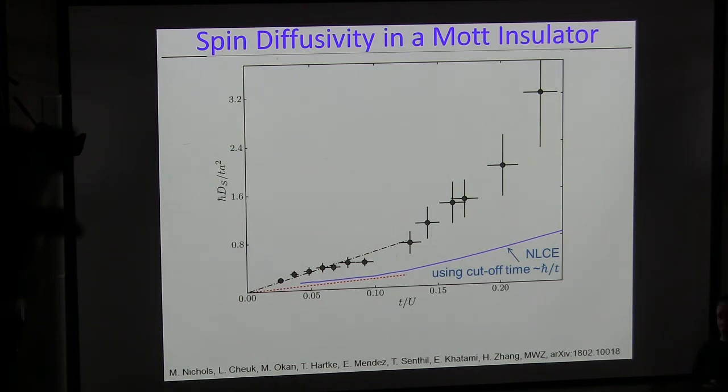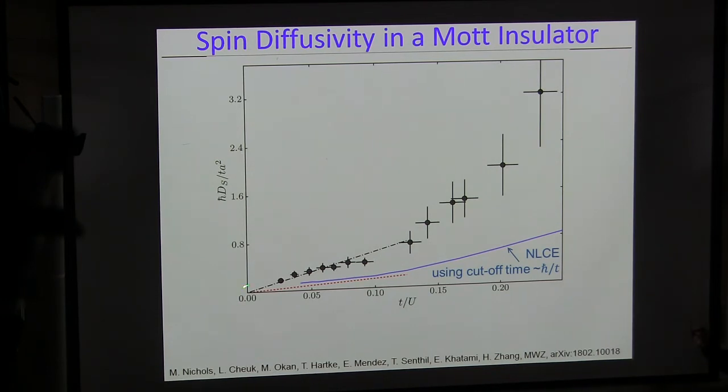Now we are not at zero or low temperatures. Our entropies are on the order of 1, so that's not log 2, that's 1. And so there are other channels for transport that are open, and that's what we think happens here, that we get actually more than the Heisenberg result at low temperatures.